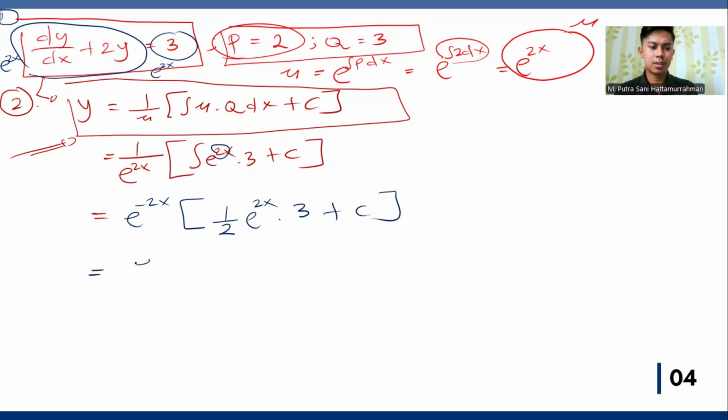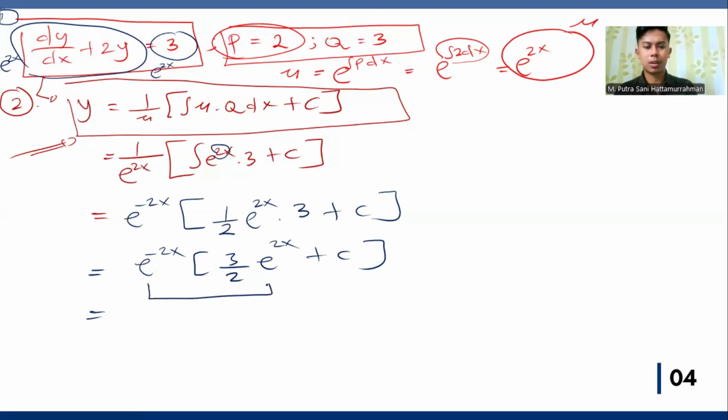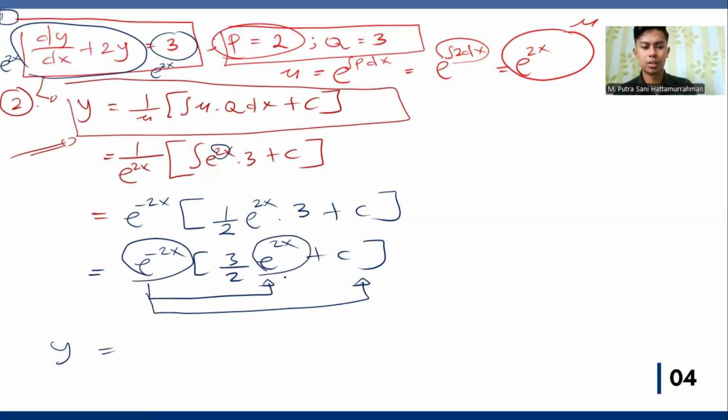So the next is e to the power minus 2x times the bracket of 3 per 2 e to the power 2x plus c. Next we can use the distributive property: this product, and then e to the power minus 2x times c. So we have the solution y. You know that e to the power minus 2x times e to the power 2x is equal to e to the power 0.